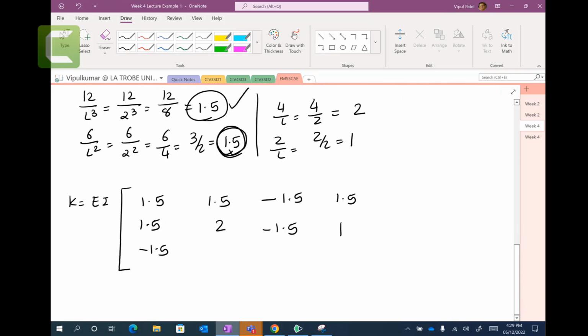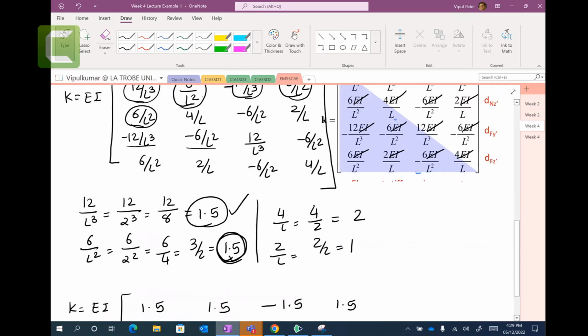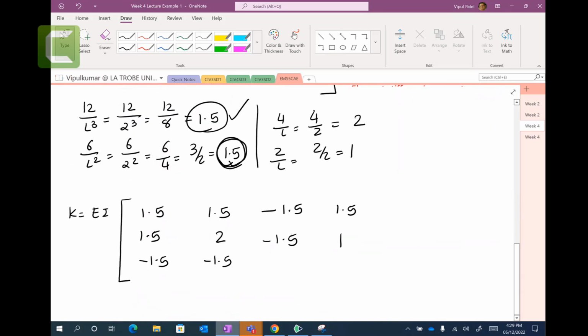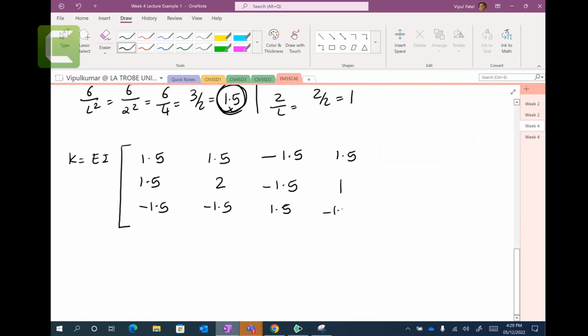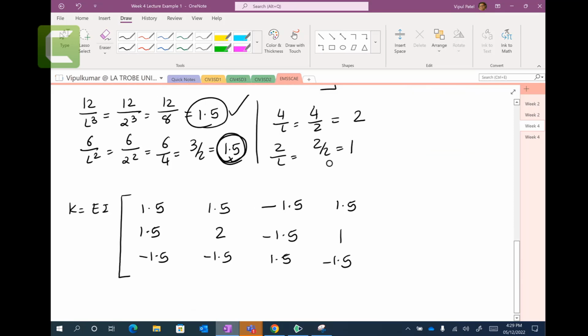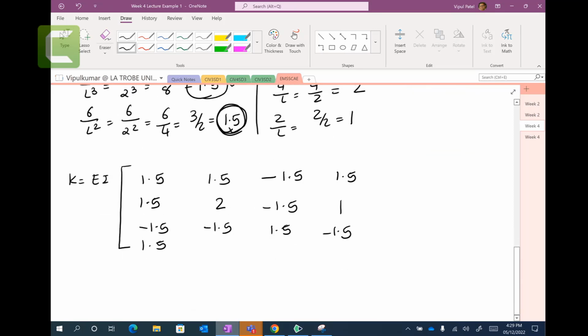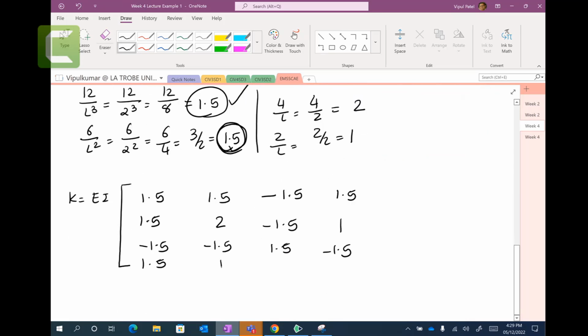Minus 6 on L square, minus 1.5. 12 on L cubed, 1.5. And minus 6 on L square, minus 1.5. 6 on L square, 1.5. 2 on L, 1.